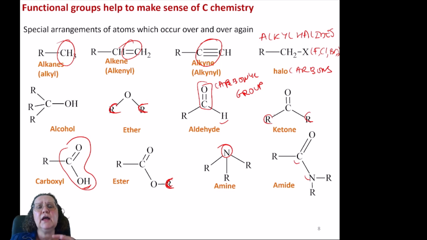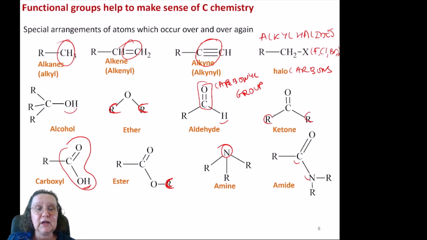So you will see that you have functional groups, and you talk about alkanes and alkenes and alkynes, or ethers or esters, etc. And you sometimes use alkyl to talk about the specific group: there is an alkyl group in my molecule, or my molecule is an alkane. There is a carbonyl group in my molecule, or my molecule is an aldehyde, a ketone, a carboxylic acid, an ester, etc.